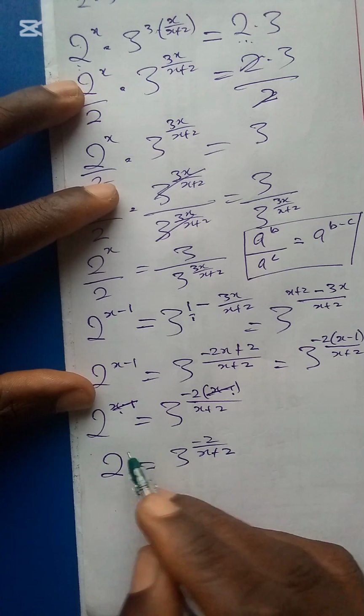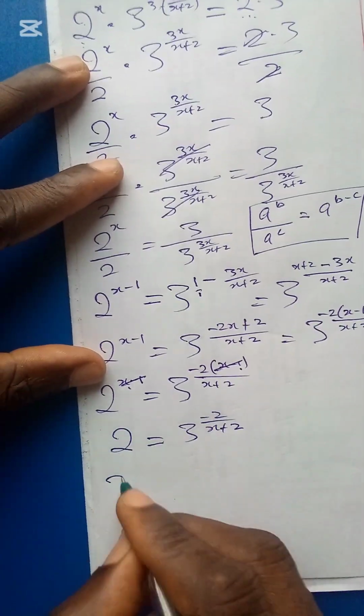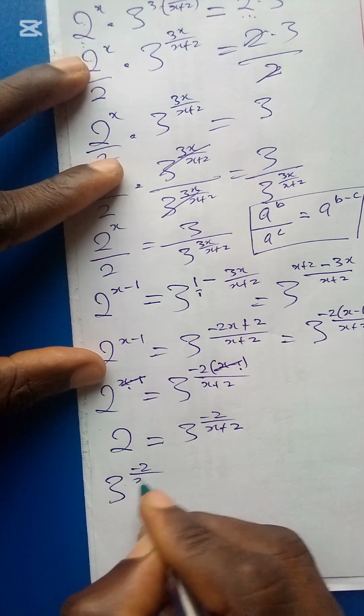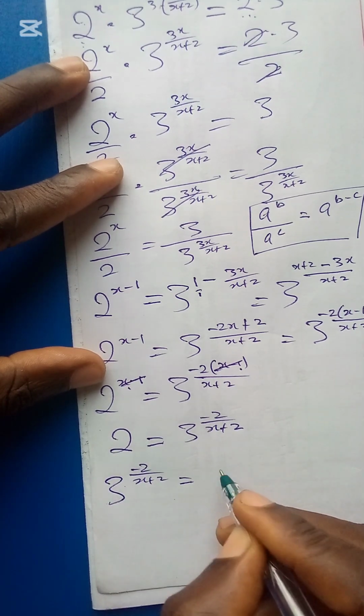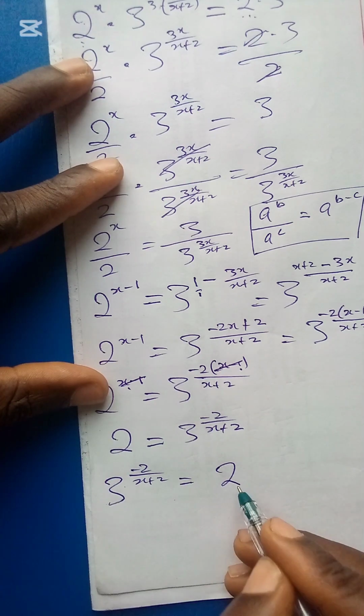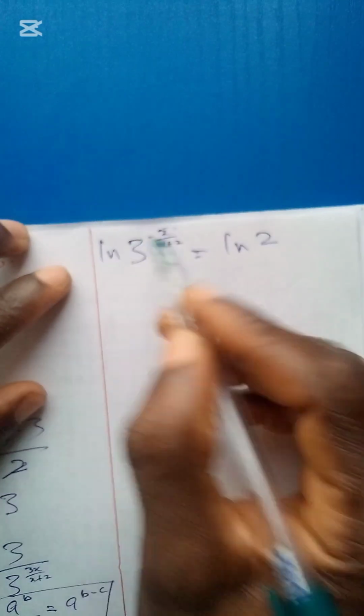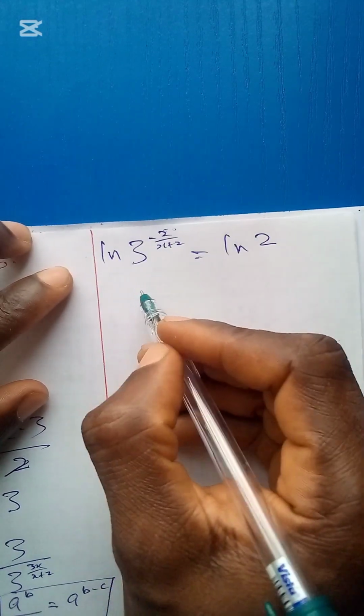Now, I need to take the ln of both sides, but first I will write this term first. So we have 3 to power minus 2 over x plus 2 is equal to 2. So I was saying that I'm going to take the ln of both sides. So taking ln of both sides, this power will now come down according to the power law of logarithm.